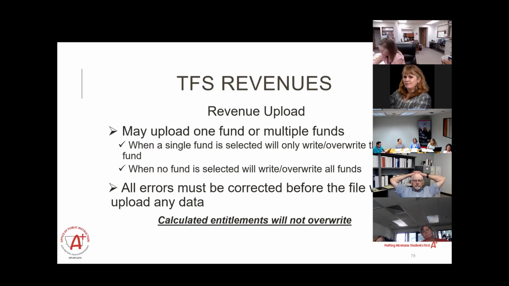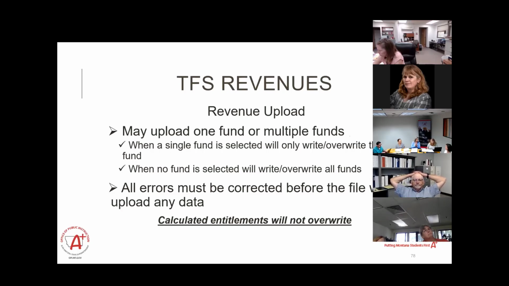So just keep track of what you're doing. That's my only advice. Keep track of what you're doing and make sure that you're doing it one fund at a time. I made that mistake as a clerk once, entered in a bunch of stuff and brought in the funds, and it wrote over everything. I had to start all over again.